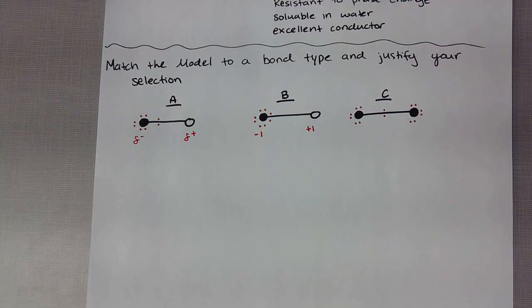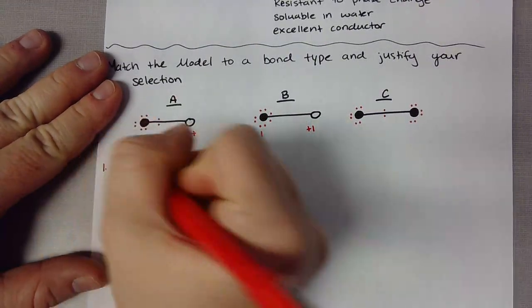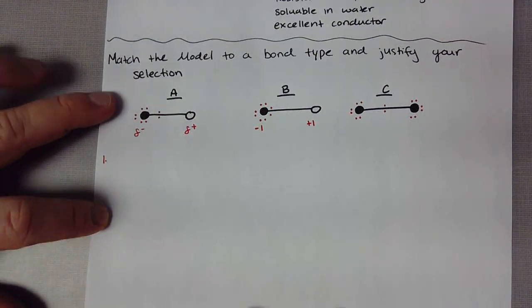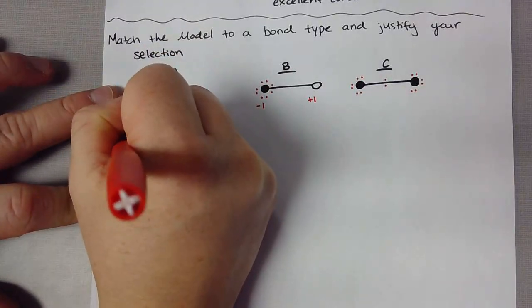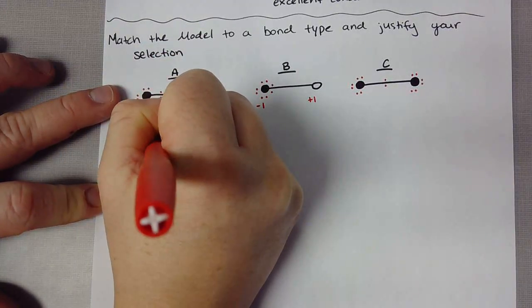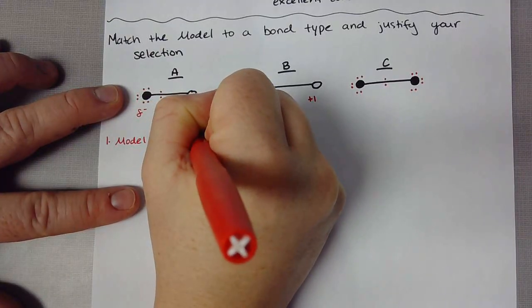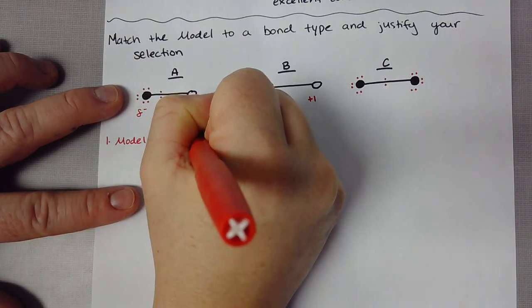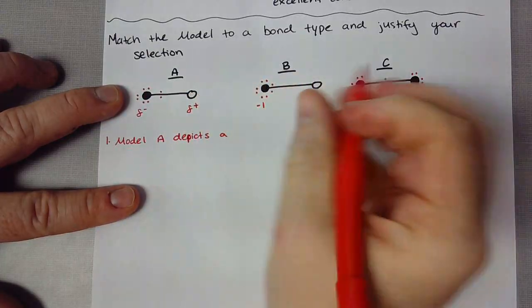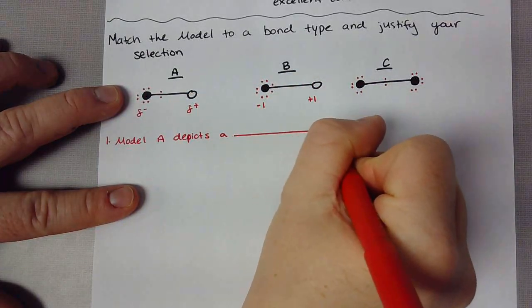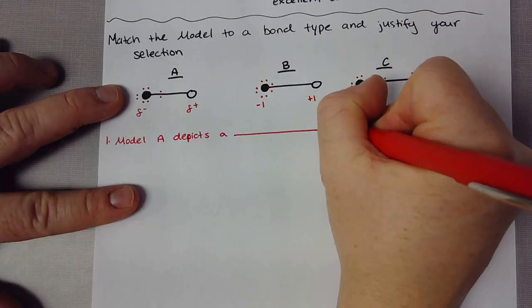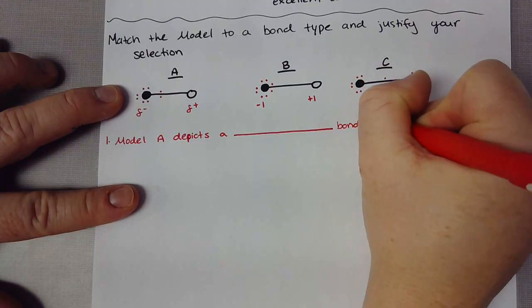So I'm going to start with model A. And I'm going to use the same sentence structure for all of them. So model A depicts, I'm going to leave it blank, bond, because.